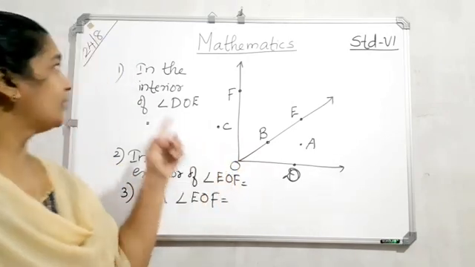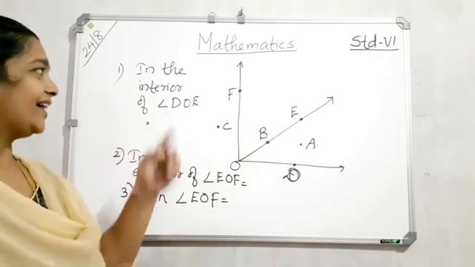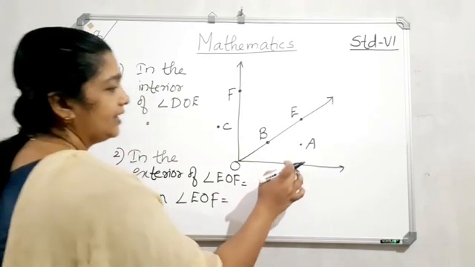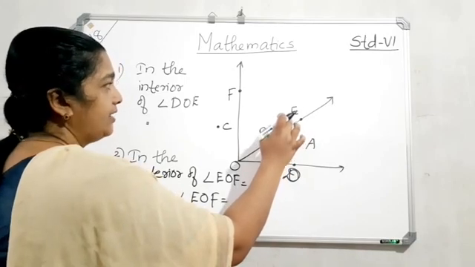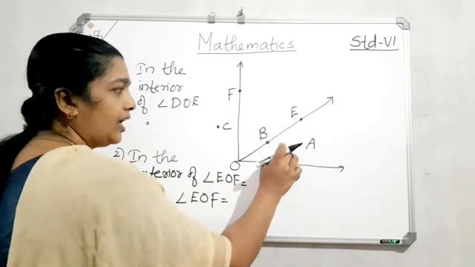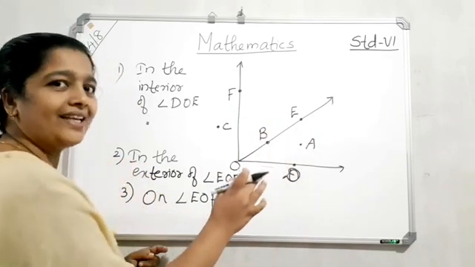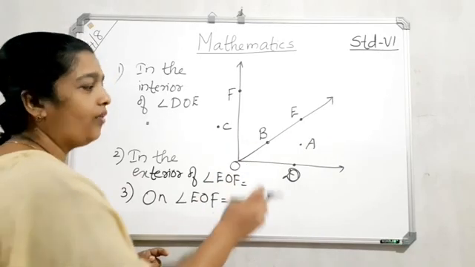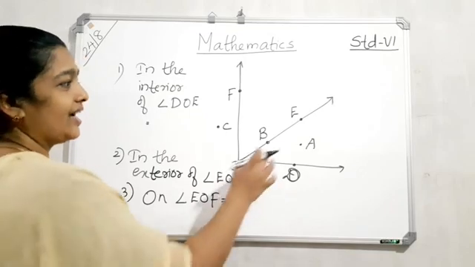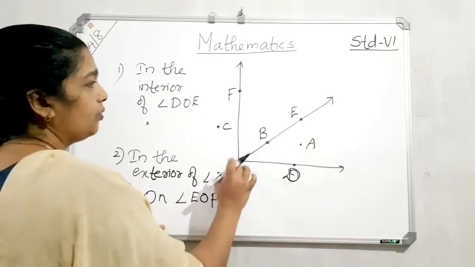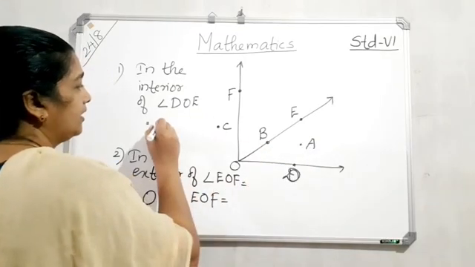First question: in the interior of angle DOE, which point is in the interior of DOE? Say the answer. Everybody can say. Yes, that is the correct answer. That is the interior point A.